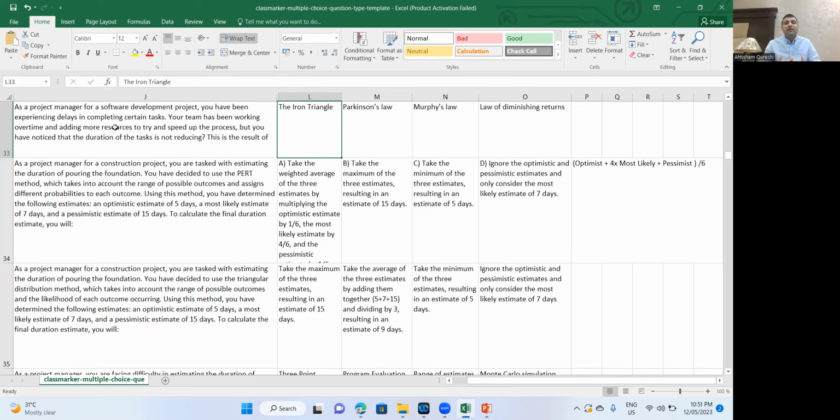I just explained what the law of diminishing return is. It means you will start to see that your return on investment is diminishing, like it is reducing. When you add more resources, the work gets sped up, but up to one extent. After that point, if you add more resources, you are not getting the task duration reduced.